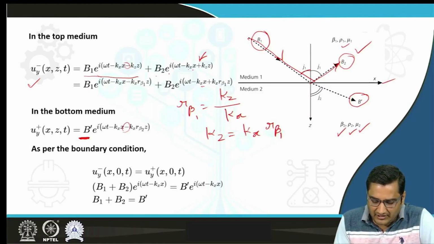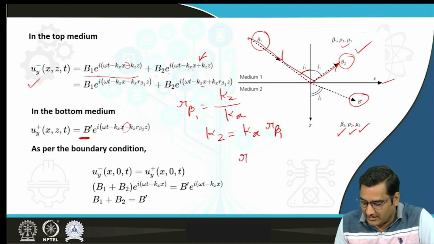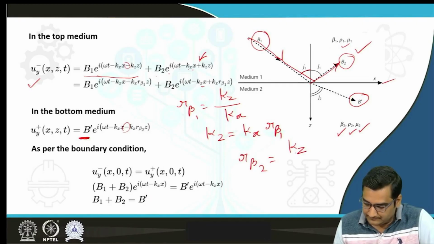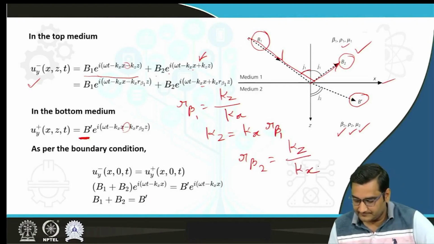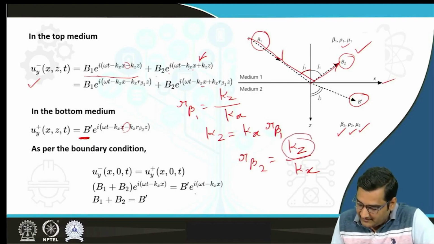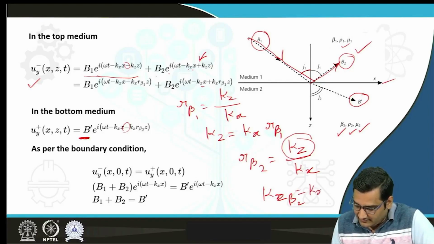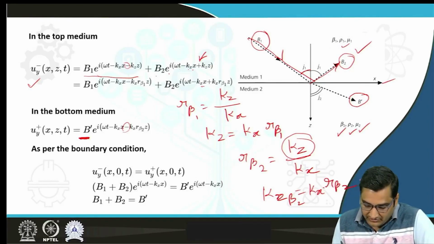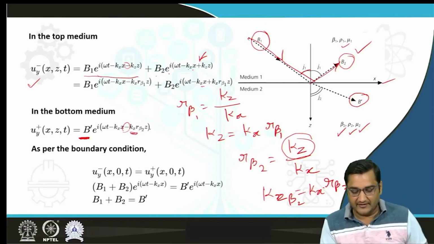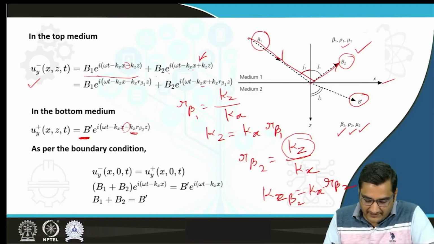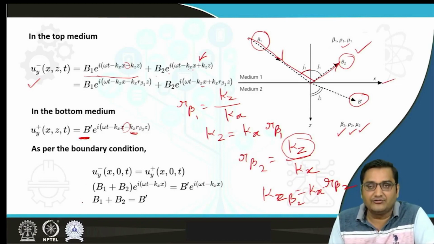So e to the power iota omega t minus k_x x minus k_x r beta 2 z. r beta 2 is equal to k_z by k_x, so this k_z will depend upon beta 2. Now k_z beta 2 is equal to k_x into r beta 2, so that is replaced here. So as per the boundary condition, the displacements across the interface are equal.